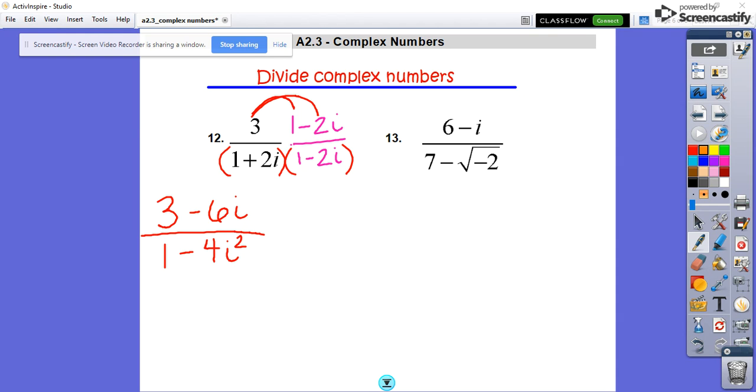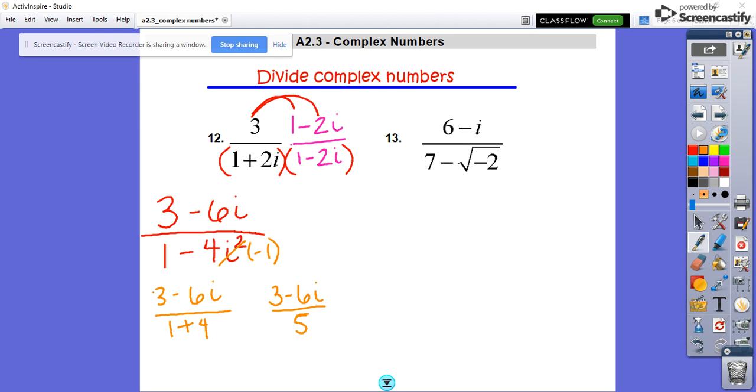Okay, now, some of you might be thinking, well, there's still an i squared in there. Change it to a negative 1. So we have 3 minus 6i over 1 plus 4, or 3 minus 6i over 5. Okay, 3 minus 6i over 5.